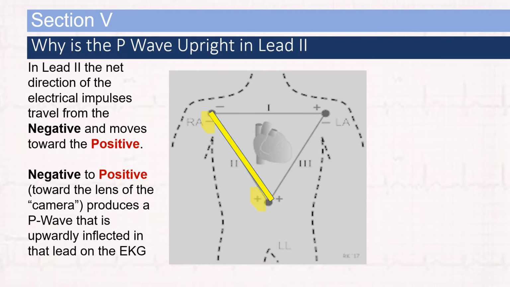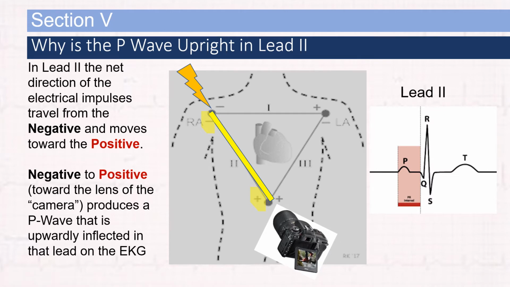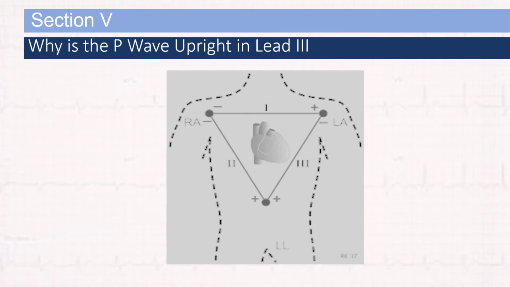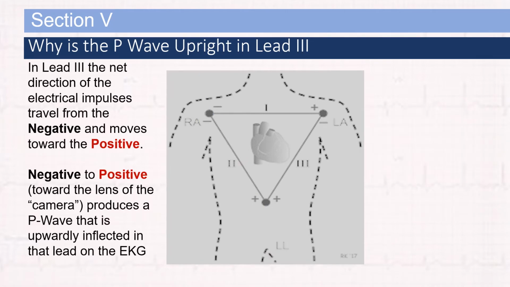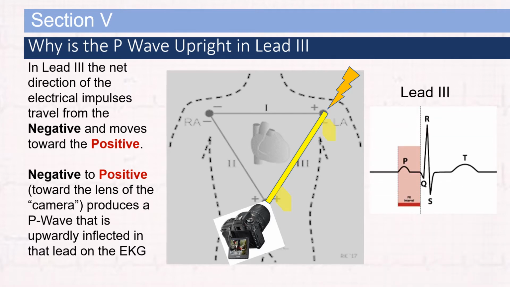Negative to positive towards the lens of the camera produces a P wave that is upwardly inflected in that lead on the EKG. In lead 3, the net direction of the electrical impulses travels from the negative and moves towards the positive. Negative to positive towards the lens of the camera produces a P wave that is upwardly inflected in that lead on the EKG.